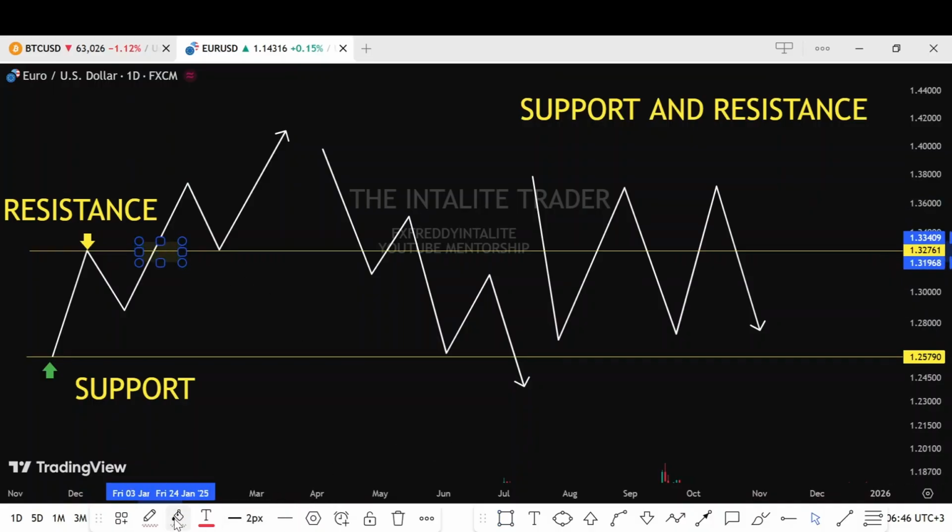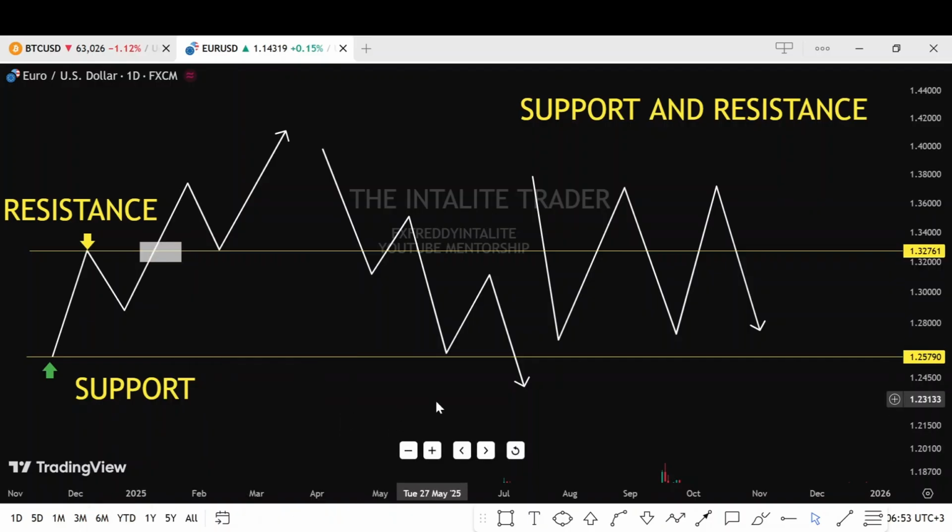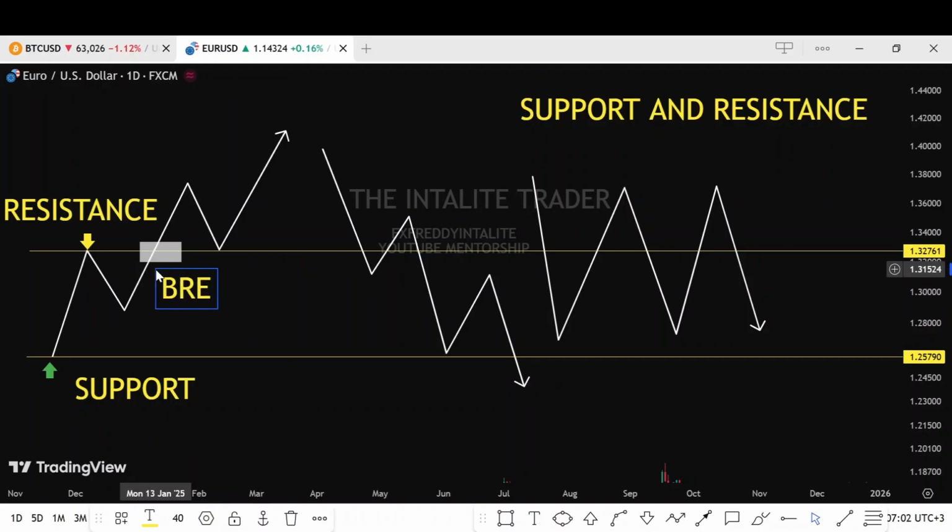If you remember what we learned about breakout momentum, this breakout here, if you remember breakout momentum, or break of structure, we say this breakout move here, we broke above resistance.